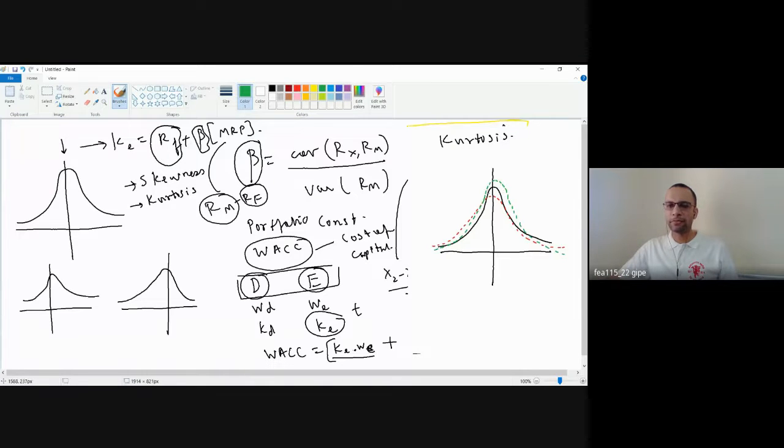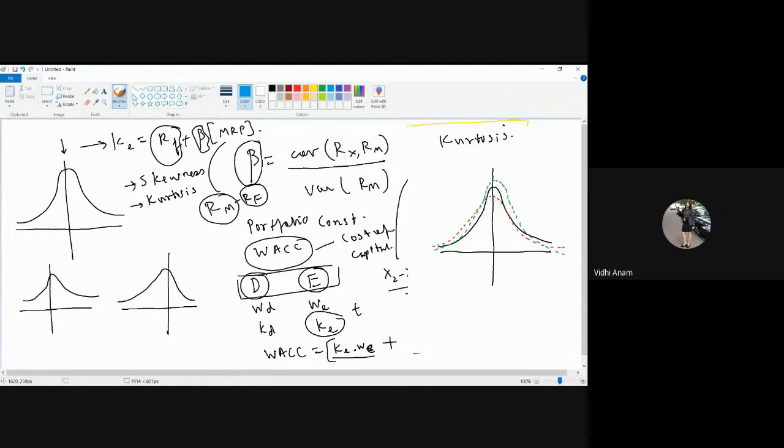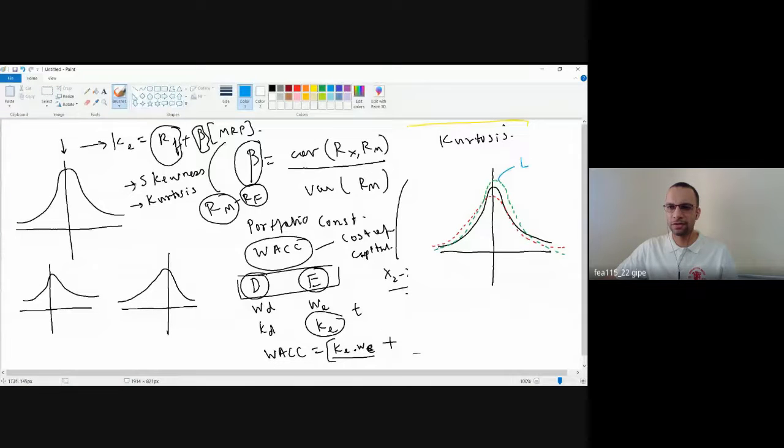Imagine the line in black, the full line, is the normal distribution, and these two lines are representing kurtosis. Do you happen to recollect the names for these two? What could the line in green be called, and the line in red? Leptokurtic, sir, and platykurtic. Correct. So this is leptokurtic, and this is platykurtic.